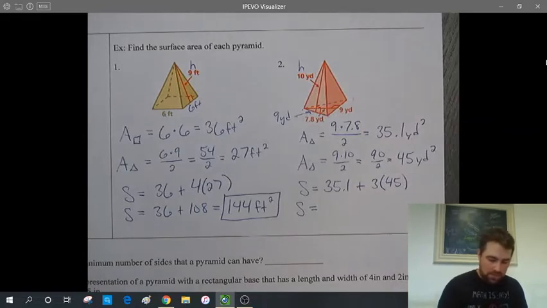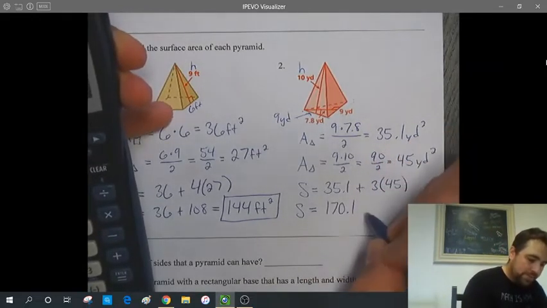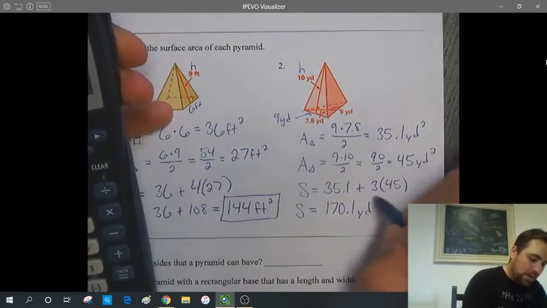Okay, so in total, 35.1 plus 3 times 45, and we get 170.1 yards squared.